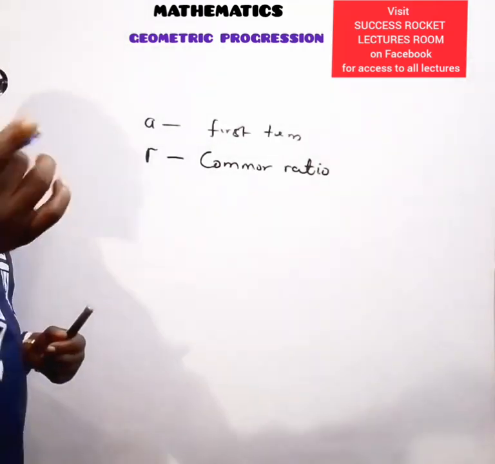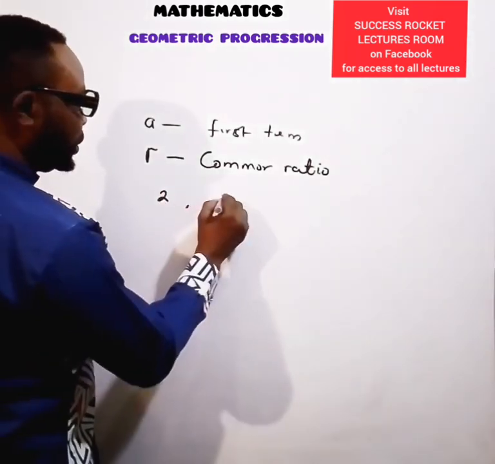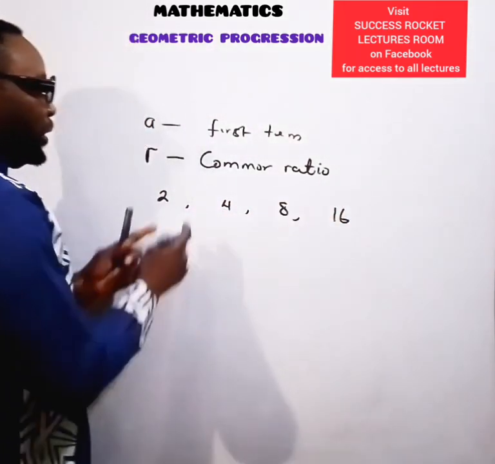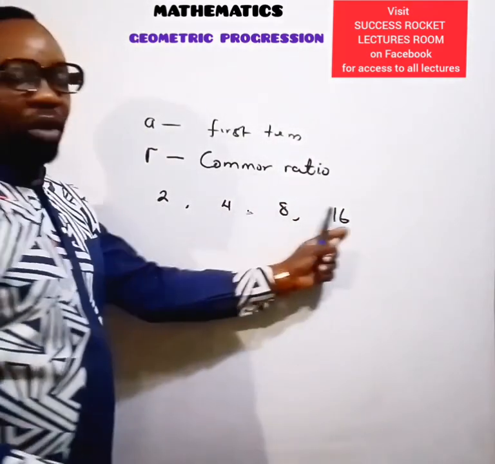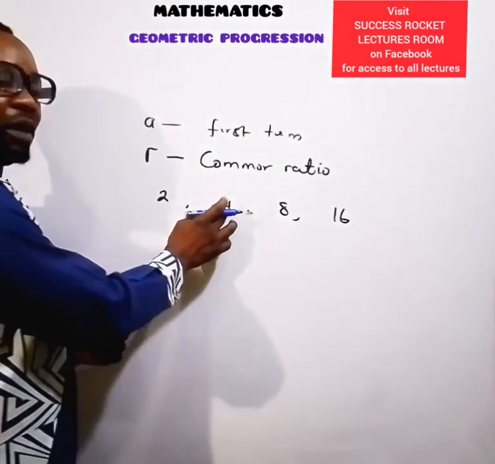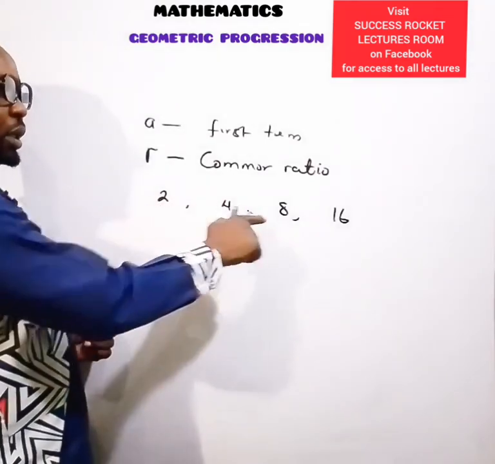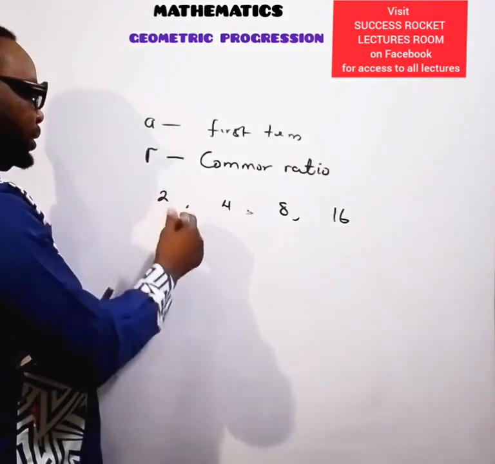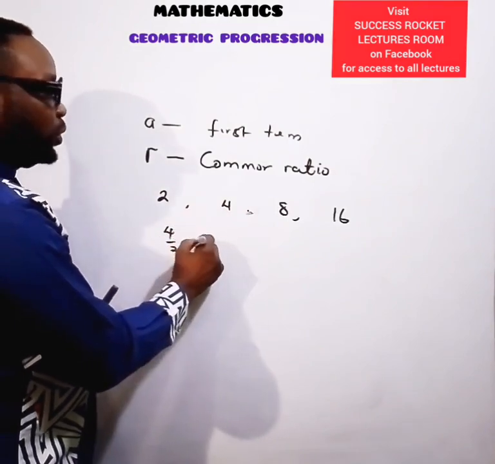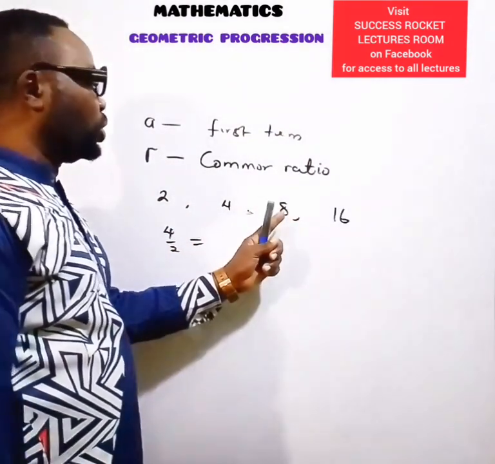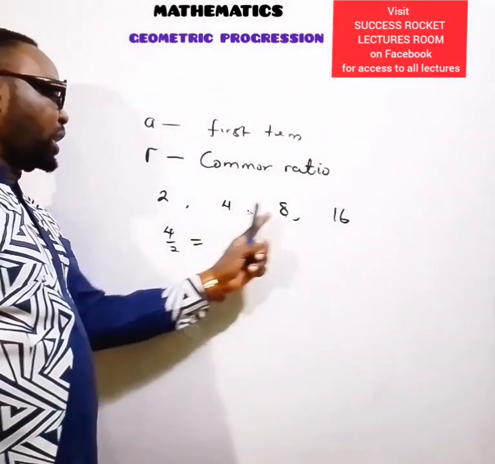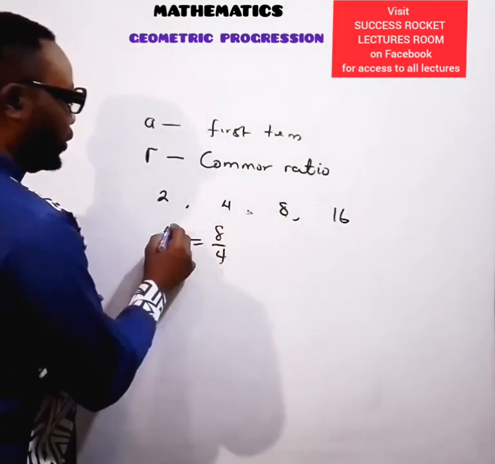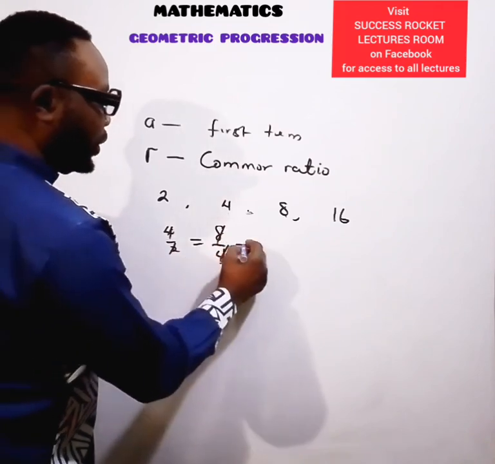Now, if you have terms of this nature: 2, 4, 8, 16. Each term succeeds the previous one; this 8 succeeds this 4. If I divide 4 by 2, the result must be equal to when I divide the third term by the second term, which is 8 over 4. 4 over 2 gives us 2. 8 over 4 gives us 2.